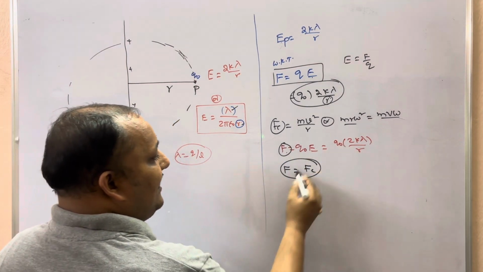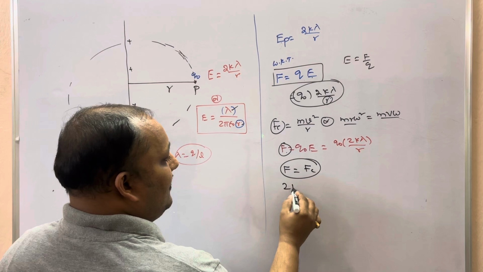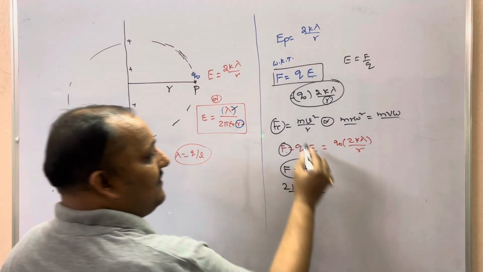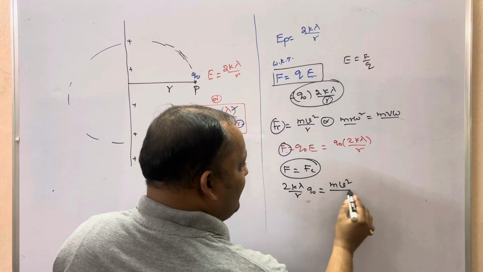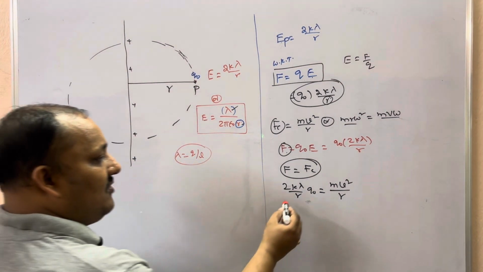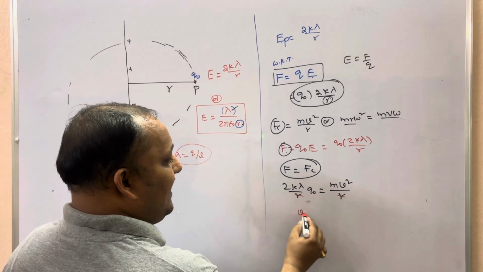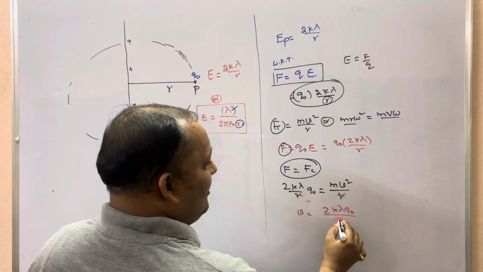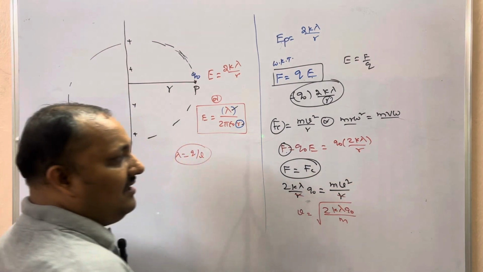Force due to electric field is 2k lambda by R into Q naught, equal to, if they are asking velocity, mv square by R. Then R and R will be cancelled. Velocity is going to be the square root of 2k lambda Q naught by m.